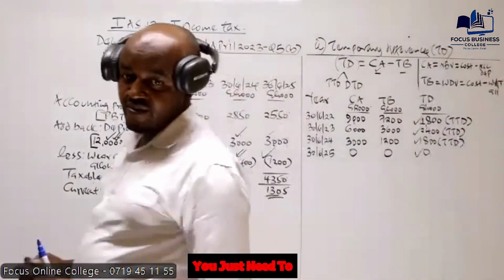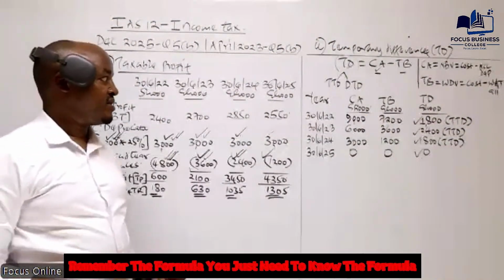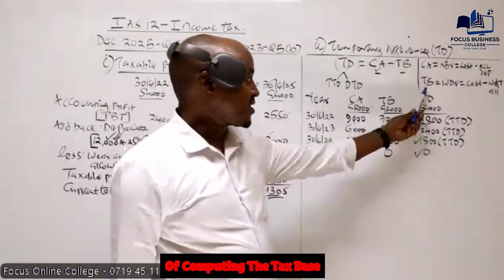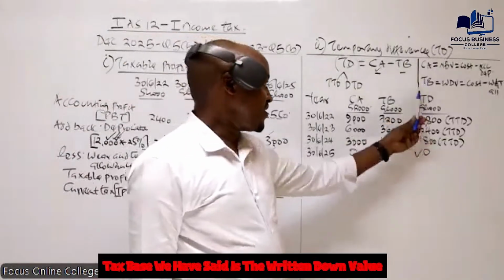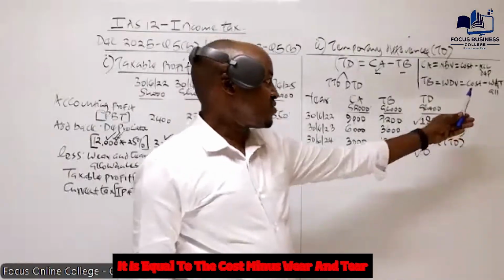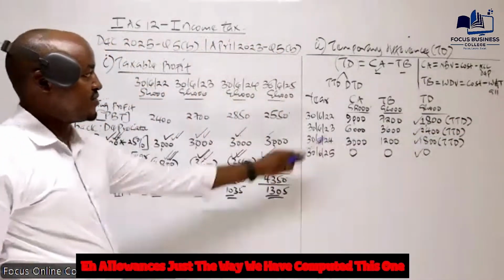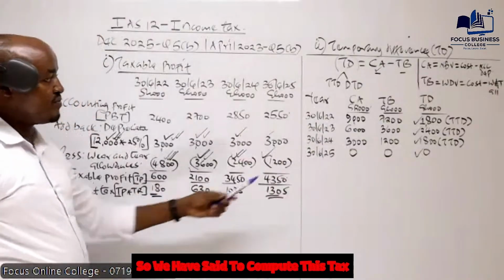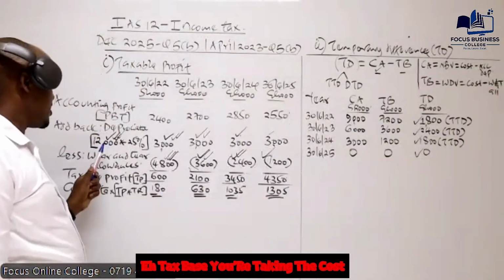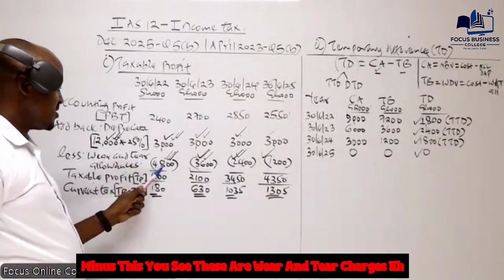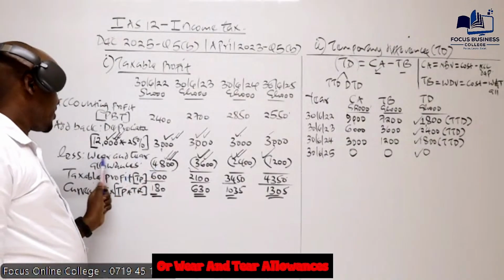Units, you just need to remember the formula. You just need to know the formula of computing the tax base. Tax base, we have said, is the written down value. It is equal to the cost minus wear and tear allowances, just the way we have computed this one. To compute this tax base, you are taking the cost minus this. You see these are wear and tear charges, or wear and tear allowances.